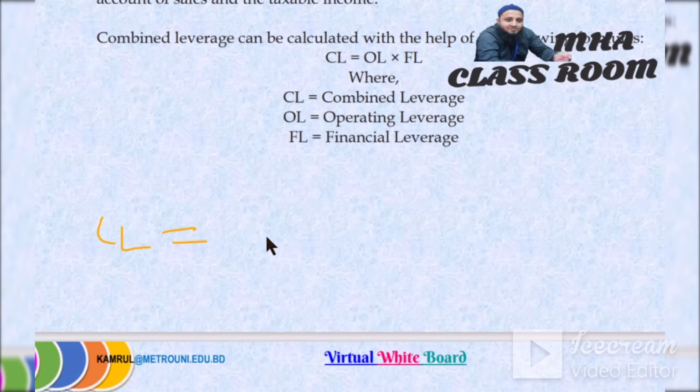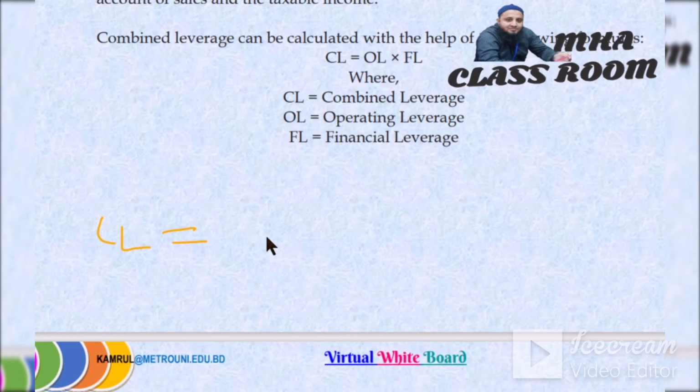So you see here that degree of combined leverage, or degree of total leverage, equals percentage change in EPS divided by percentage change in sales.